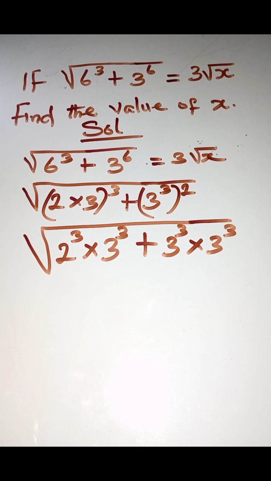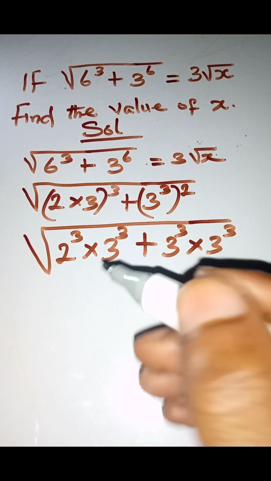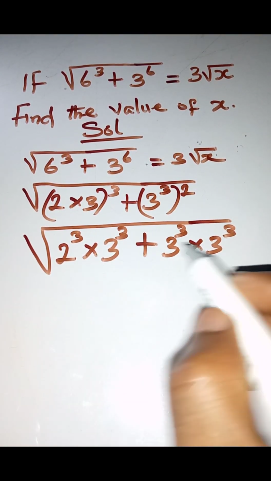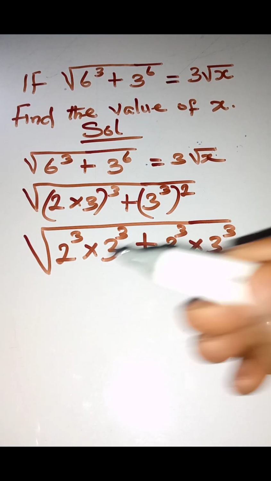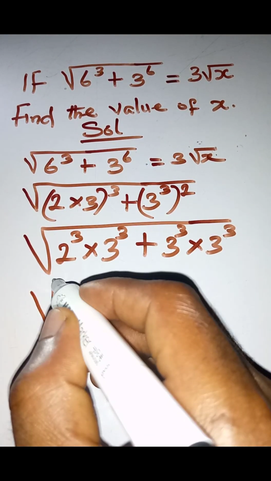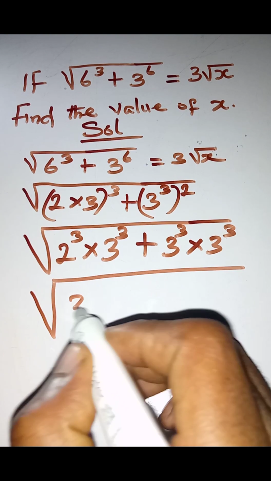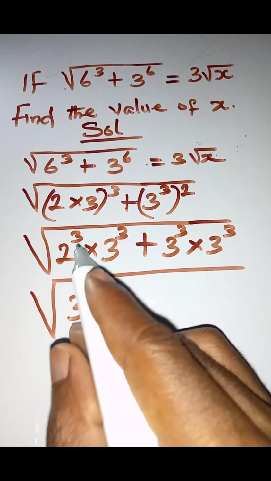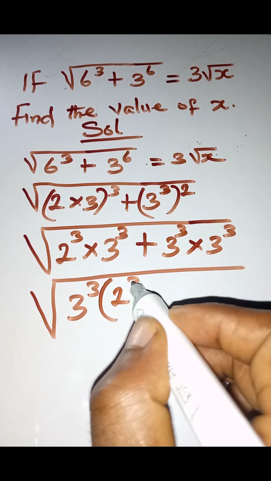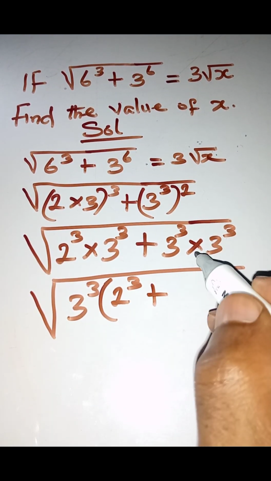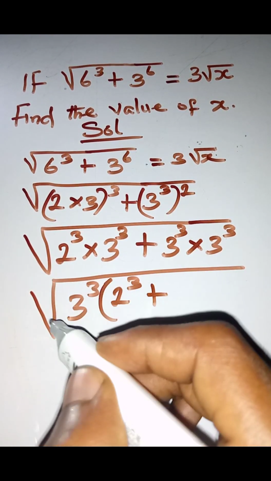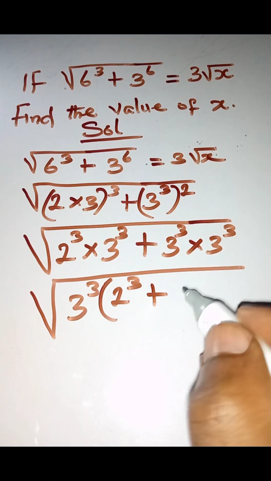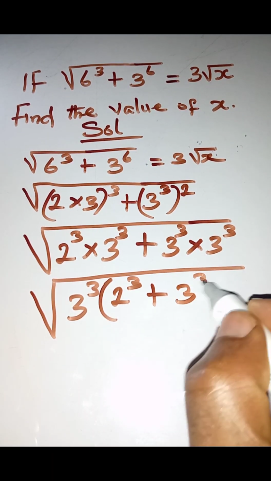Okay, then from here, what am I going to do? We have 3 to the power of 3 in both of them, so I'll factor out 3 to the power of 3 as their common factor. Then here I have 2 to the power of 3 plus here 3 to the power of 3 has come out, then here I have another 3 to the power of 3.